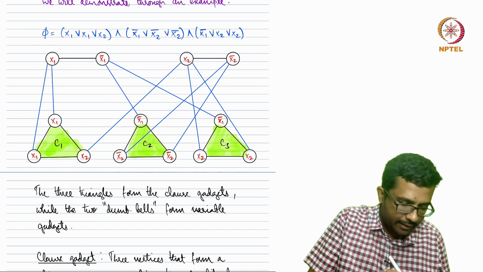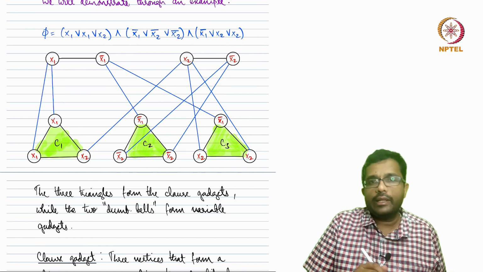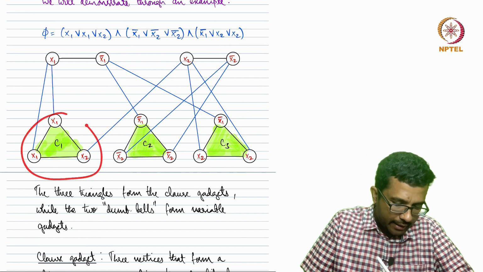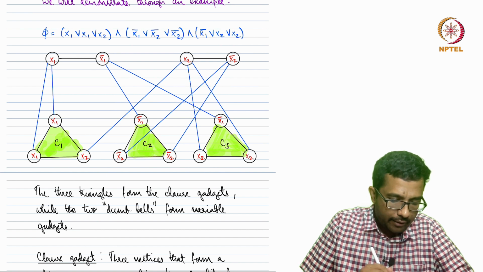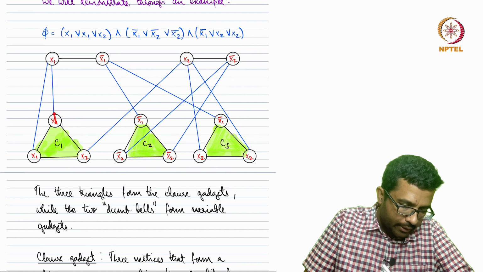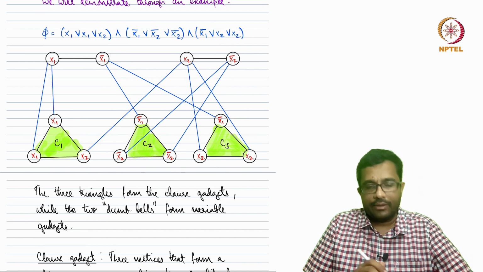Right. Now the vertices are over. What remains is the edges going across. This is very simple. You look at a clause gadget and you see which are the literals. So you see x1, you connect it to the x1 in the variable gadget. In the variable gadget, x1 appears exactly once, so you connect it.